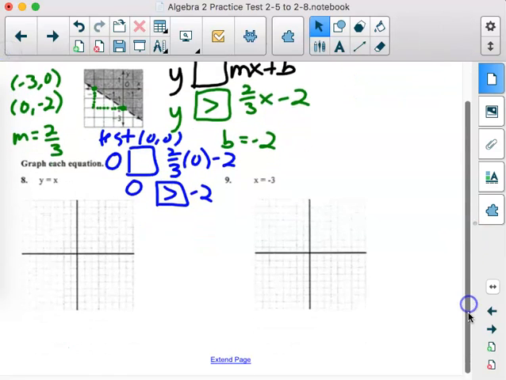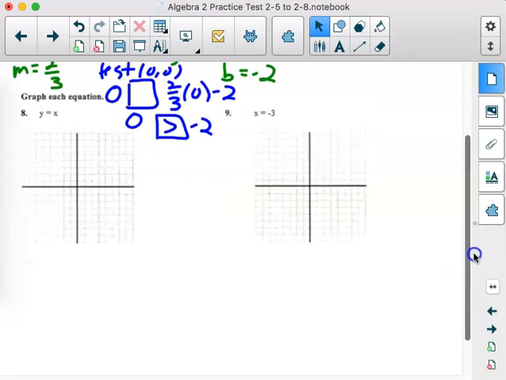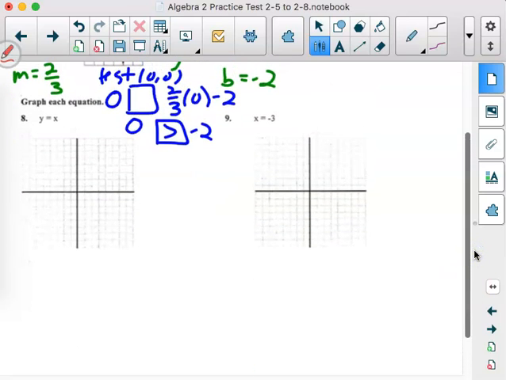All right, this one says, graph each equation, and it's just y equals x. Interesting. That does look a little bit like y equals mx plus b, right? But there's no b value. What does that mean it was? Yeah, it was 0.